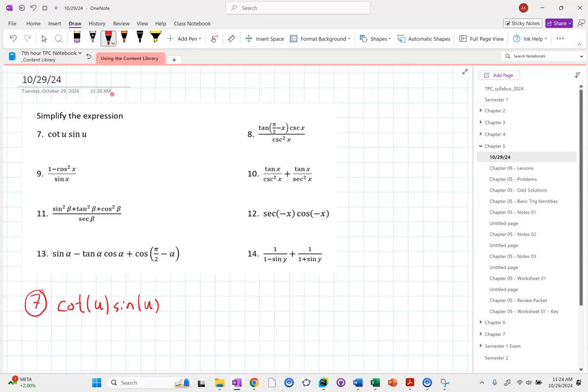But the Delta Math, if that was easy, that's good. That's a nice, easy starting place to get comfortable using the identities. These problems now we're going to add a second wrinkle in. That second wrinkle being that there might be algebra things to do in addition to using identities.